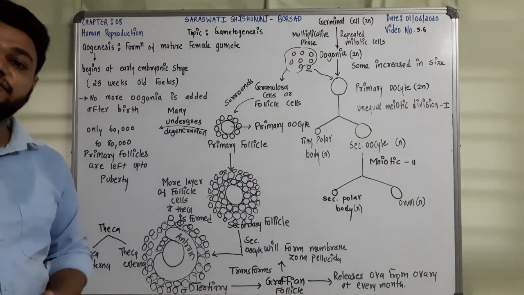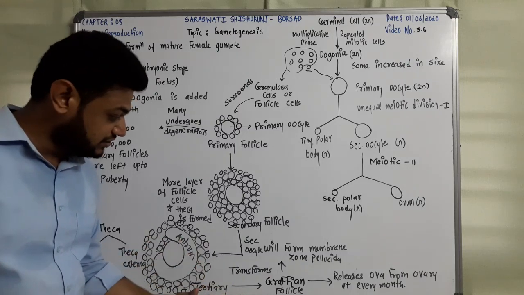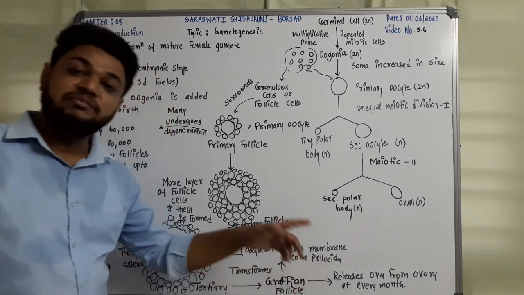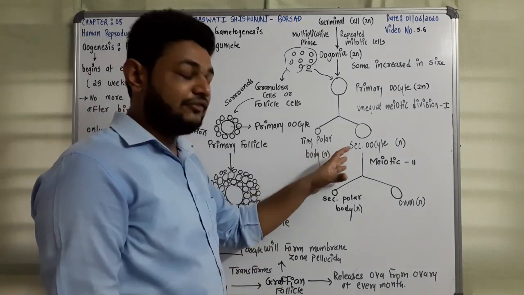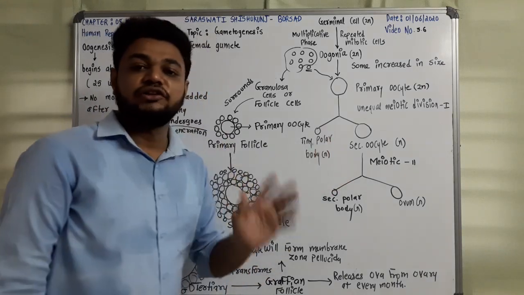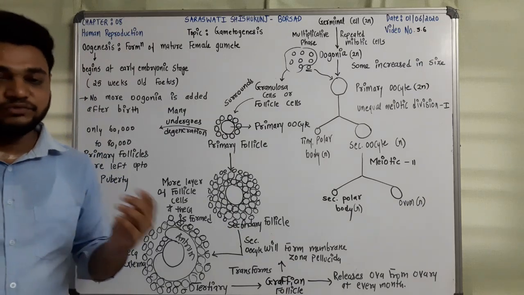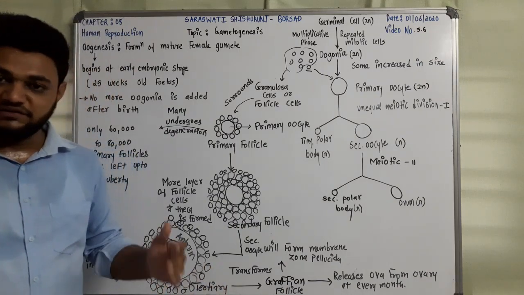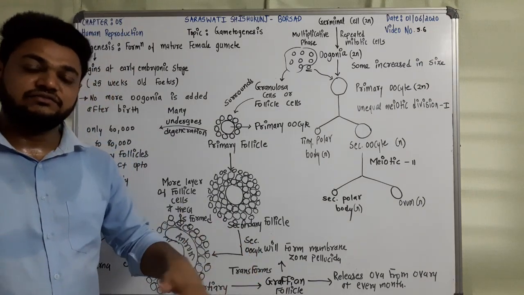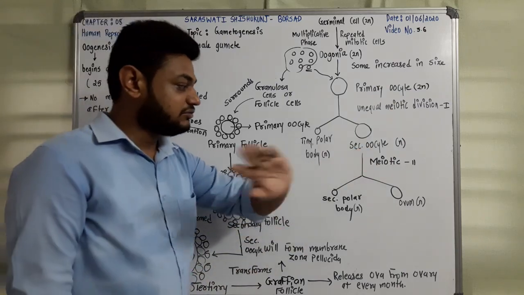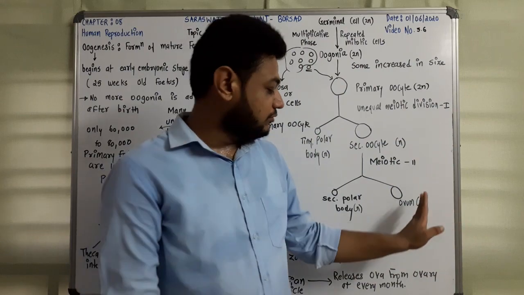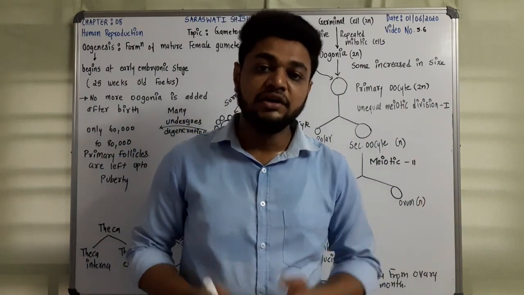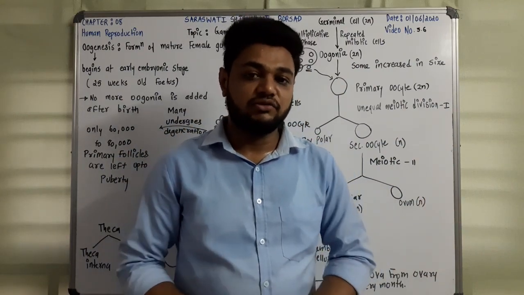When it completes the first meiotic division, the secondary oocyte is formed, which forms a membrane called zona pellucida. After this, the fate depends on sperm entry. If sperm is present, it is ready to fertilize. When it fertilizes, the secondary oocyte instantly undergoes meiosis 2 to form the ovum and a haploid polar body. So this was all about oogenesis.